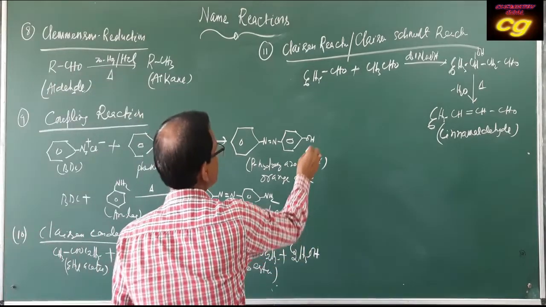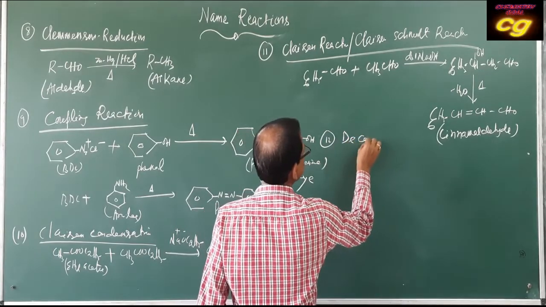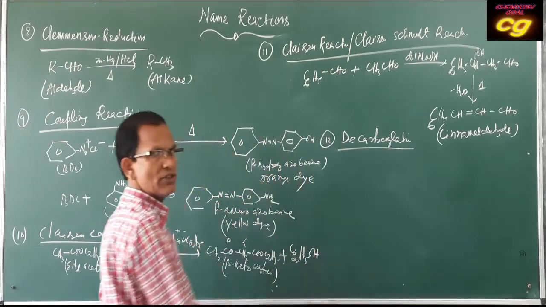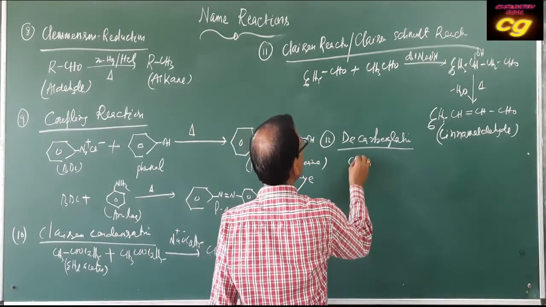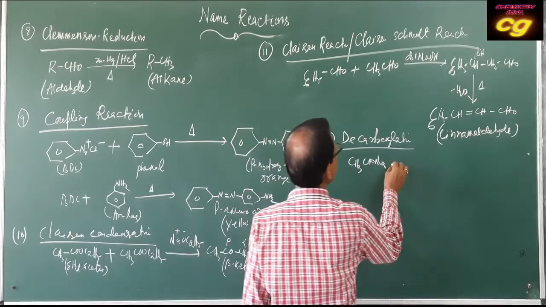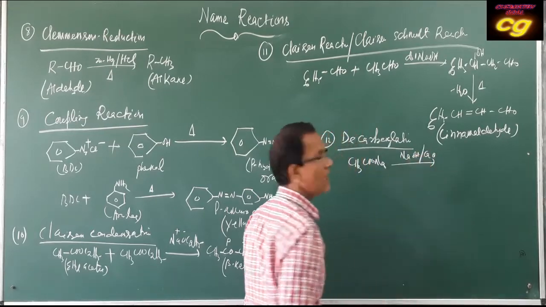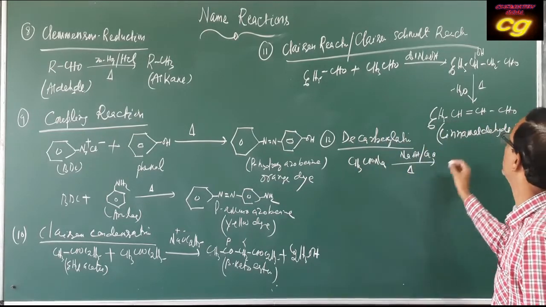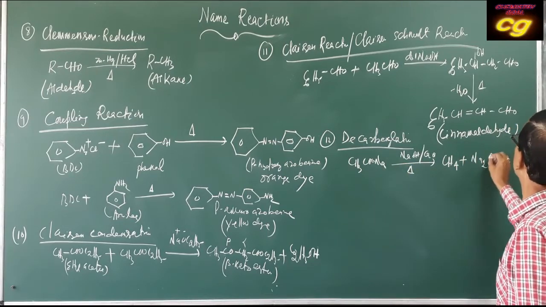Then the next very important reaction is decarboxylation. Decarboxylation generally takes place in the presence of heat, when the sodium salt of an acid is heated with soda lime, calcium oxide and sodium oxide, producing a lower alkane. Here the remaining product is sodium carbonate.